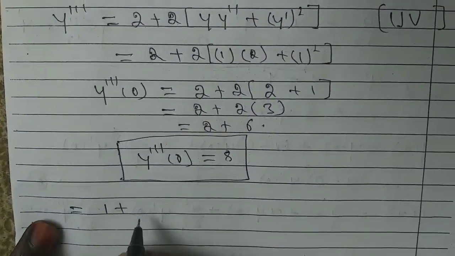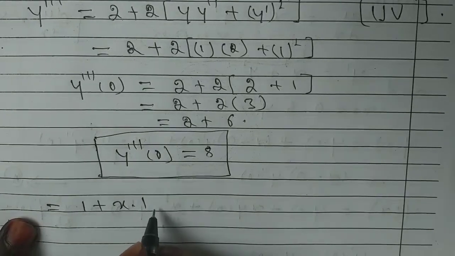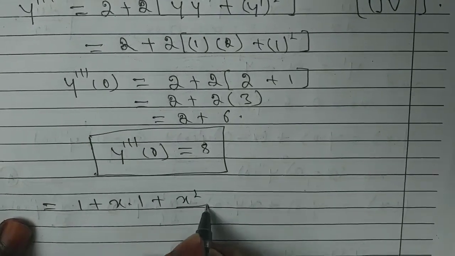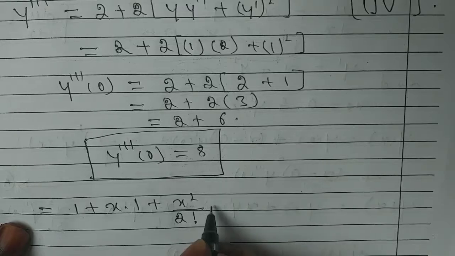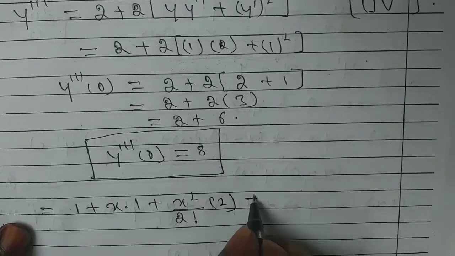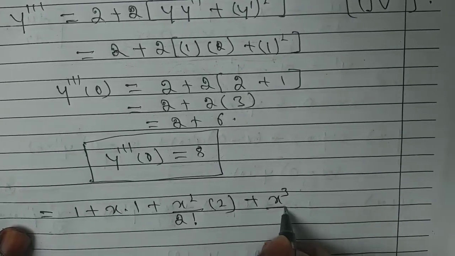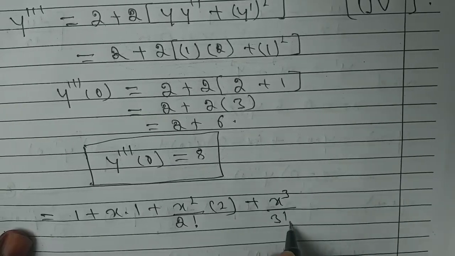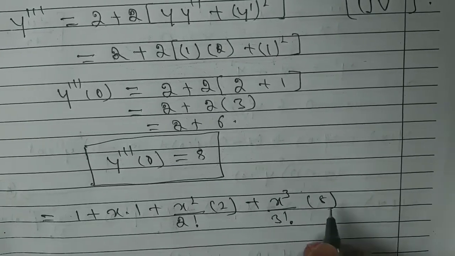So here I will get 1 plus x into 1 plus x square by 2 factorial into 2 plus x cube by 3 factorial into 8.